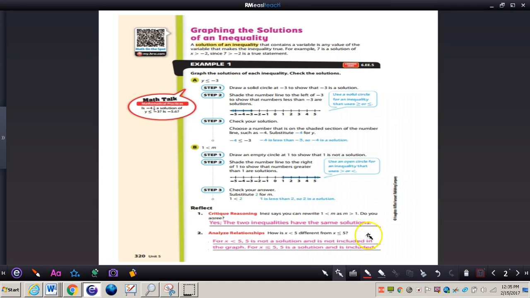In other words, you would have an open circle where 5 would be. For x is less than or equal to 5, 5 would also be a solution, and it would be included in the graph, because the variable is either less than or equal to 5. So therefore 5 would be included.